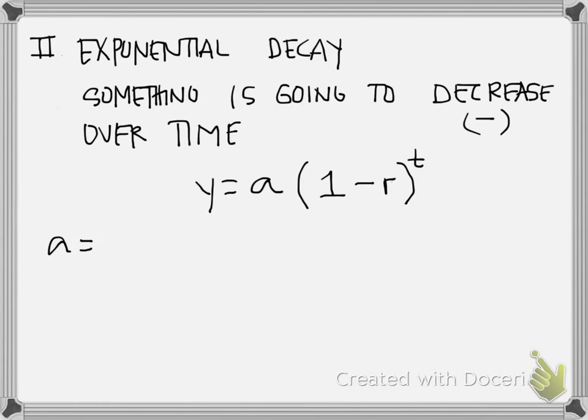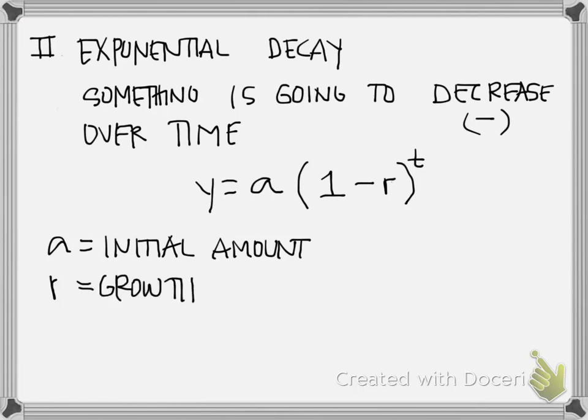You've got your initial amount, your r is your growth rate, and it is going to be negative because we are decreasing. That's what that negative means, that we'll have a decreasing growth rate. And your t is your time. Time in years, growth rate in a decimal.